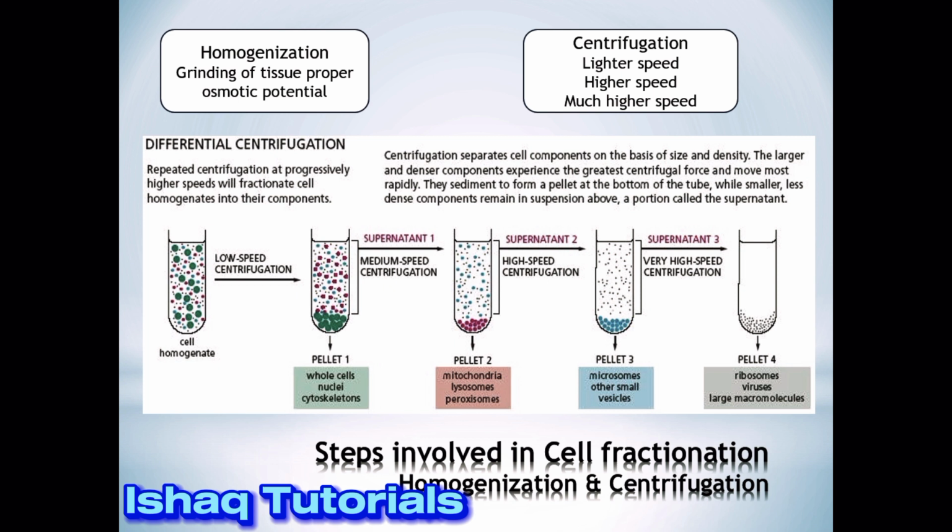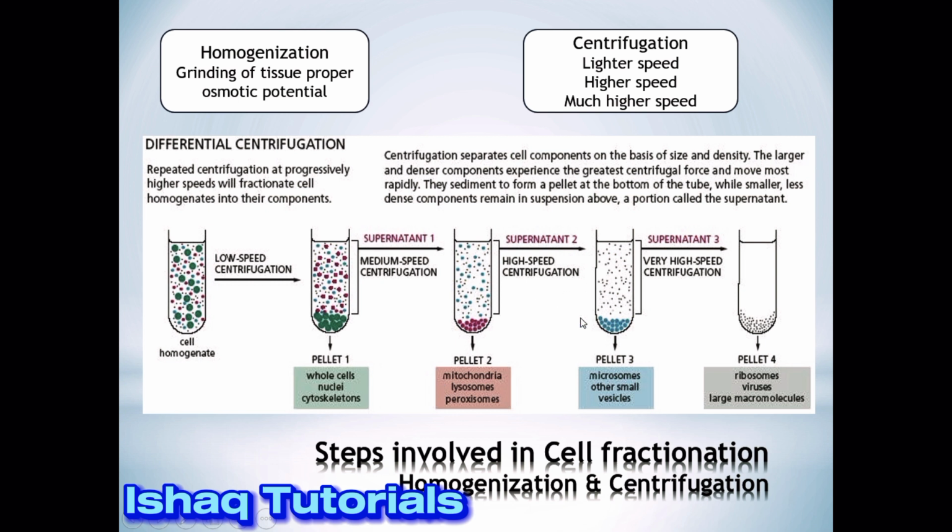The denser particles, those whose size is large, separate first and sediment at the bottom of the test tube, where they can be easily separated. Then it is spun again at a higher speed. Then mitochondria, lysosomes, peroxisomes, rough endoplasmic reticulum, Golgi complex, etc. This type of organelle can be separated at higher speed.